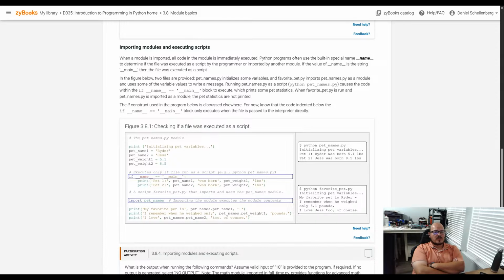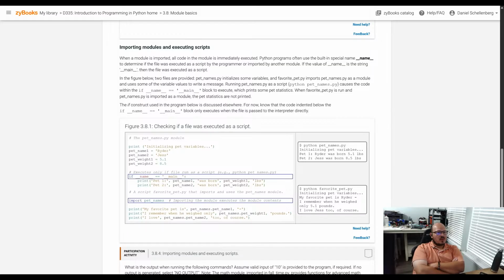Python programs often use the built-in special name __name__ to determine if the file was executed as a script by the programmer or imported by another module. If the value of __name__ is the string "__main__", then the file was executed as a script.